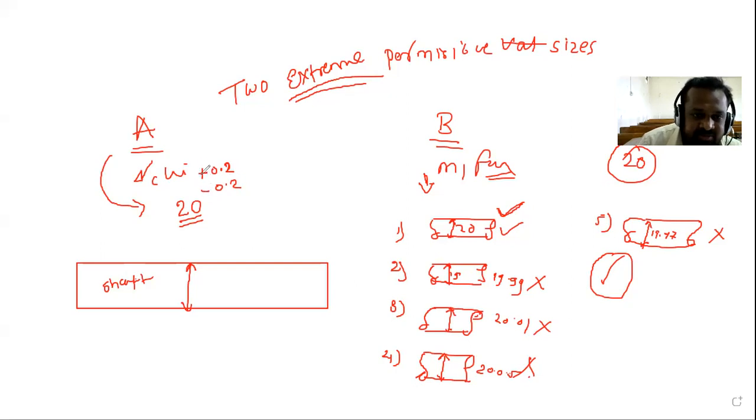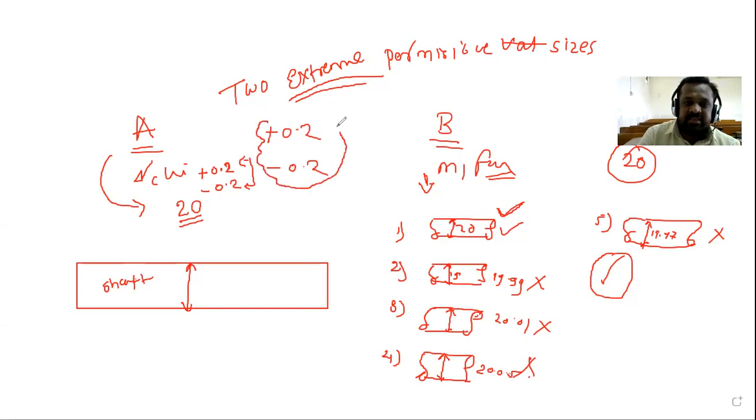Then what is meant by that plus 0.2 and minus 0.2? It means they have given two limits. These are called the limits. That plus 0.2 and minus 0.2, these are the allowable sizes.